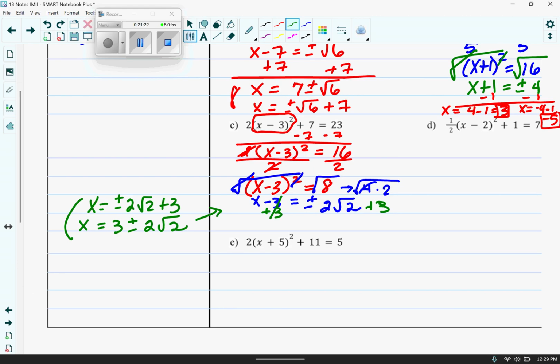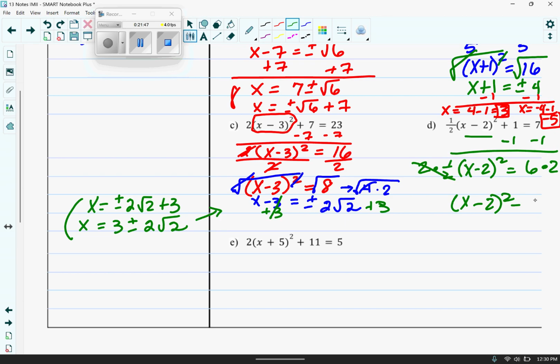All right, this next one, same kind of idea. We need to get that by itself, so we're going to go minus 1, minus 1. 1/2 (x minus 2) quantity squared equals 6. To get rid of the half, we can either divide by a half or multiply by the reciprocal, so multiply by 2. So now I have (x minus 2) quantity squared equals 12.